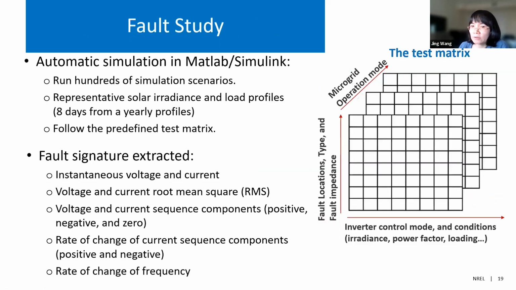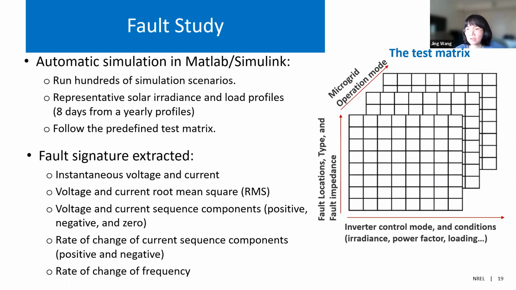Here we show the fault study, because that's a very important part of the protection design. We run an automatic script in MATLAB Simulink, running hundreds or thousands of scenarios. We actually have annual solar and load profiles, but we cannot run so many scenarios.